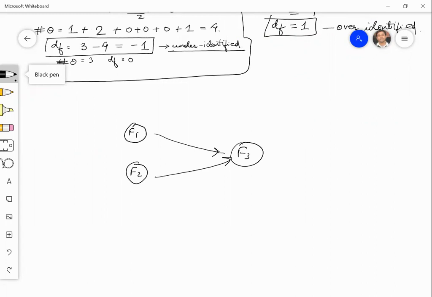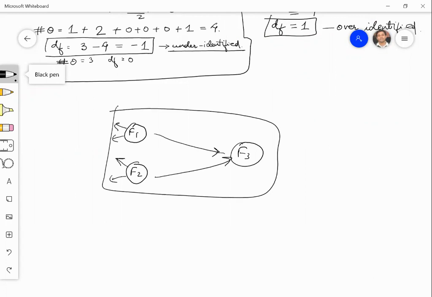So this becomes your F1 and F2 are formative indicators. They may have their own measurement models, but they are forming F3.